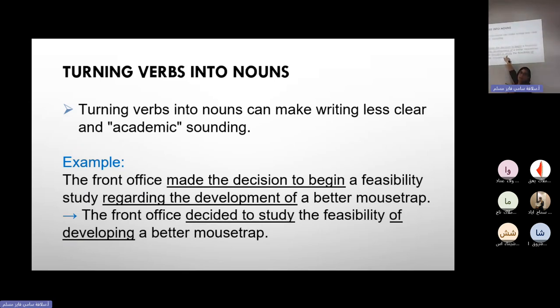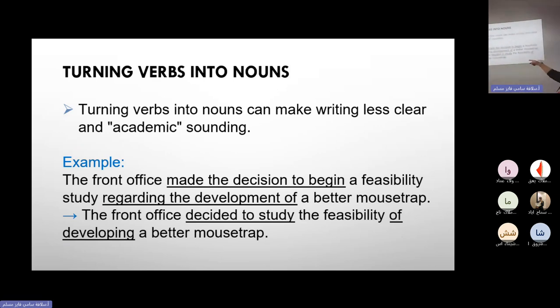Decided to study, into a long noun phrase. Okay? Made the decision to begin is very long and not clear. We can replace it with the verb decided to study.